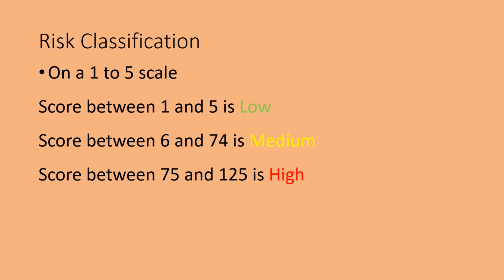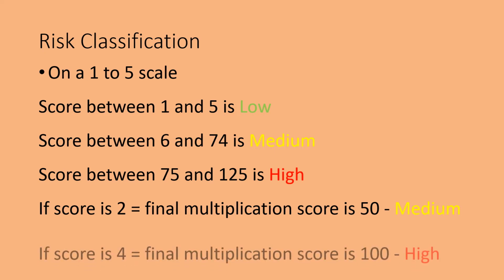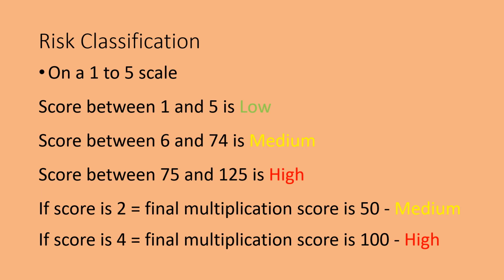But if you see scenario 4, the risk for probability was considered as 3 and the final score was 75. But if the score is 2, the final multiplication score will become 50 and that is considered as medium risk. Whereas if the score is 4, the final multiplication score will be 100 and that comes as high risk area.